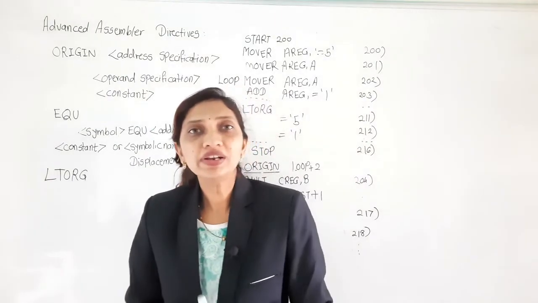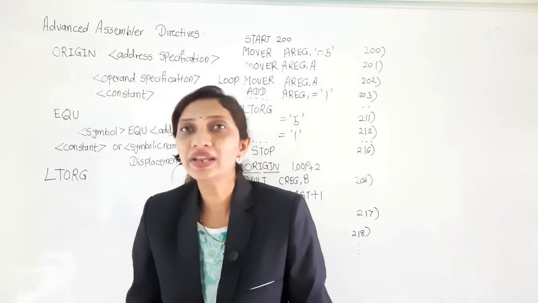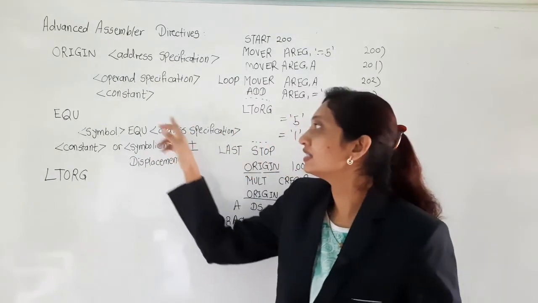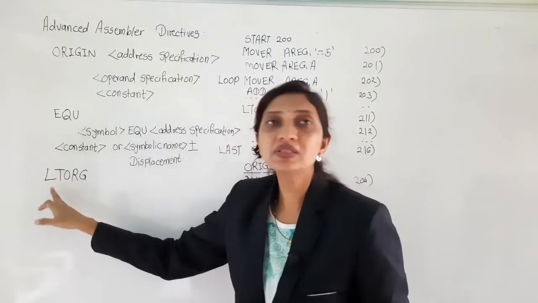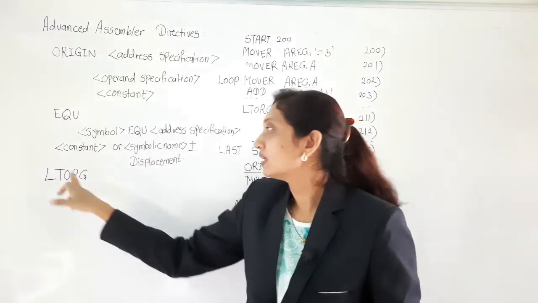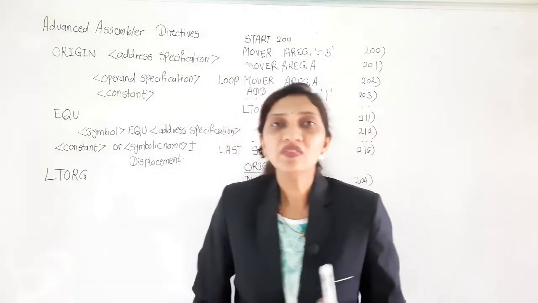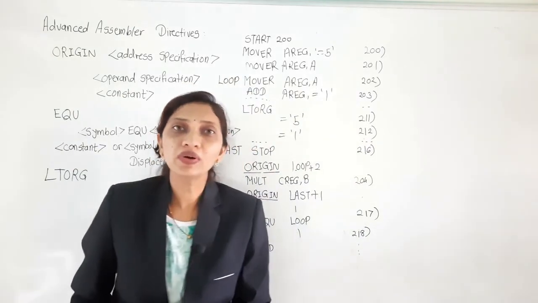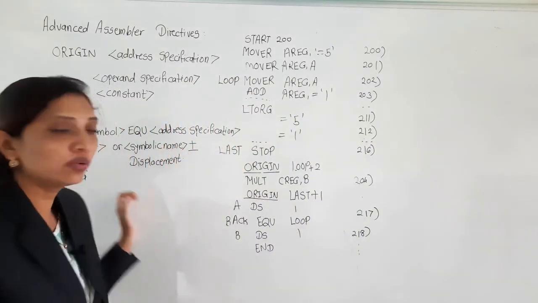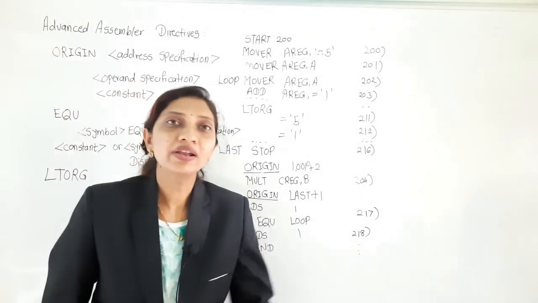EQU is simply used to create an alias for the address specified in the address specification. And the third one is LTORG, meaning origin to literal. If we have to specify where to store the literal in our program, then we use the LTORG assembler directive.